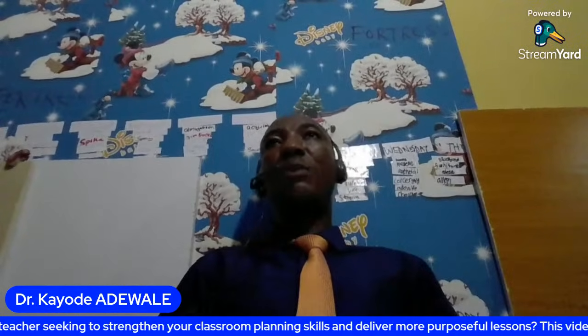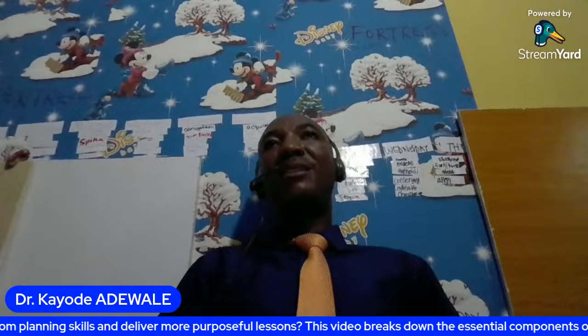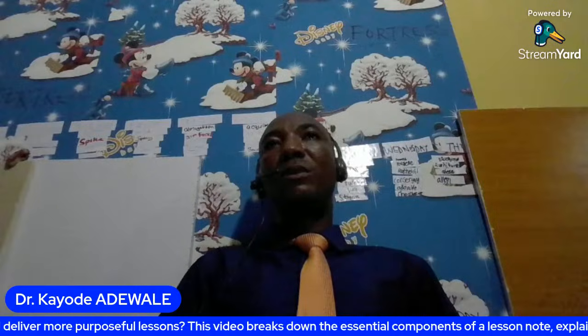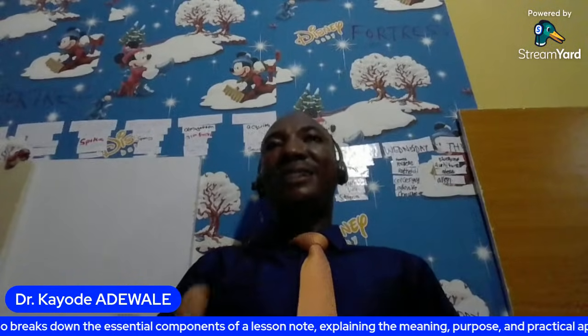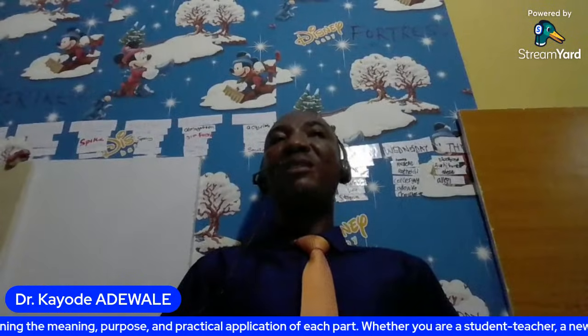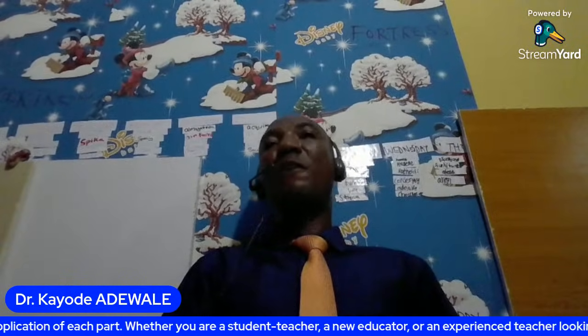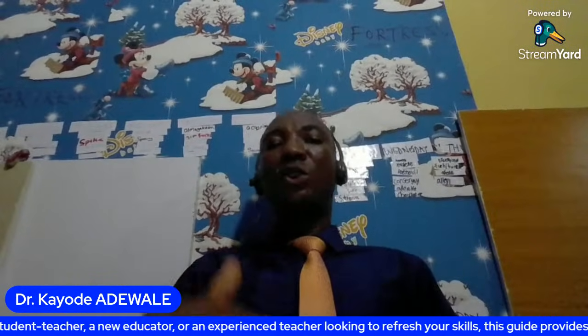So if in your objective you have said, by the end of the lesson, the student should be able to explain fraction, identify different types of fraction, add two fractions together, find the difference between fractions, then in your content too, you must start with meanings of fraction, types of fraction, operations involved in fraction. In that sequence of your instructional objective, that is what your content will go along with.